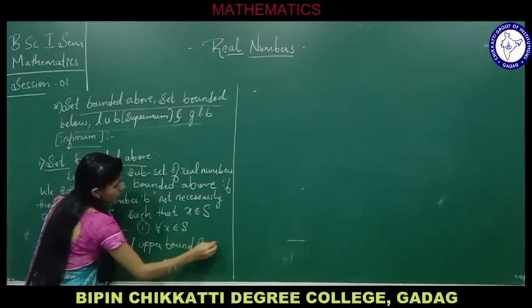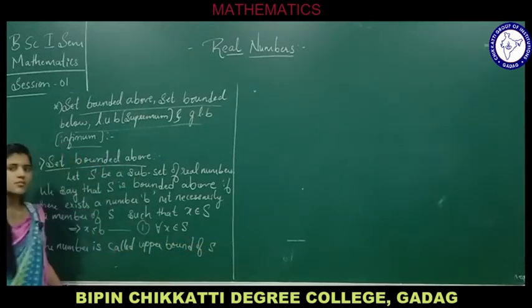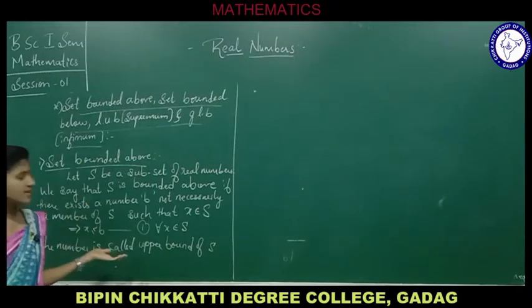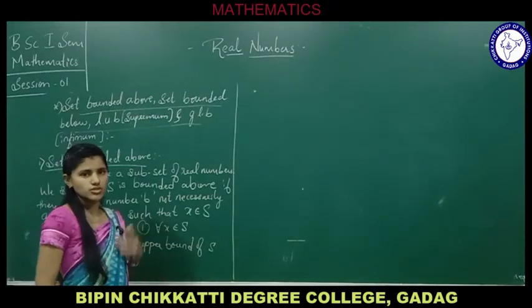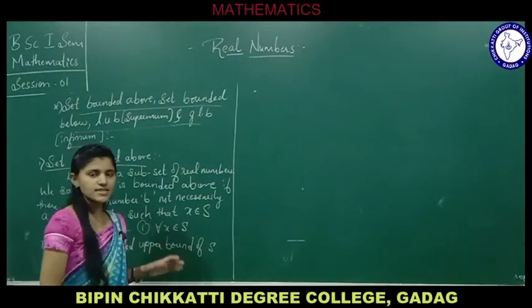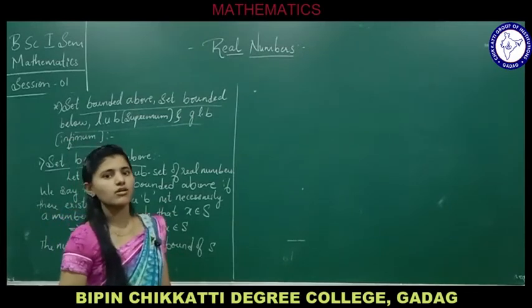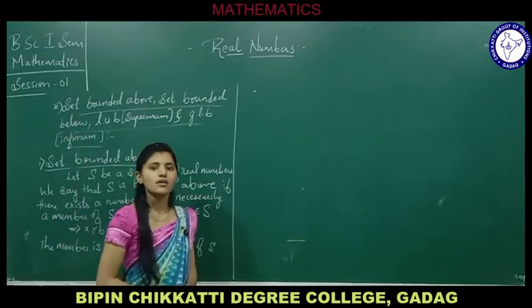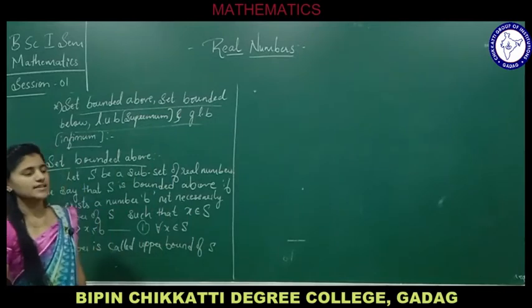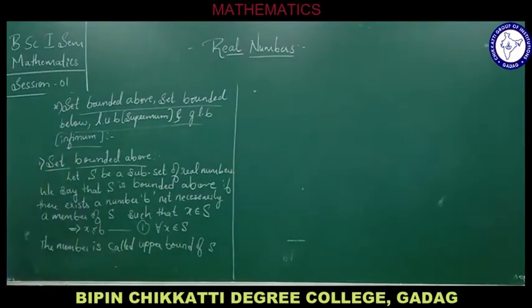Suppose we do not have any number B, what is going to happen? We say that S is not bounded above, or that S is unbounded above. That is how we say it.